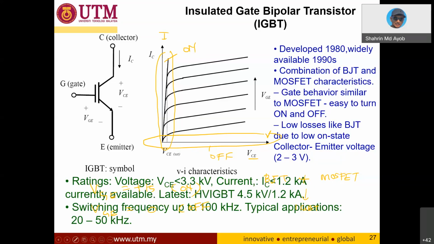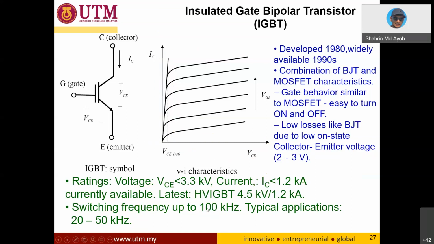As you can see here, the rating can be very, very high. Unlike the MOSFET, which has a very low power rating, the IGBT uses the BJT characteristic. In terms of voltage and current rating, it can go up to 3.3 kilovolt and up to 1.2 kilo amperes.